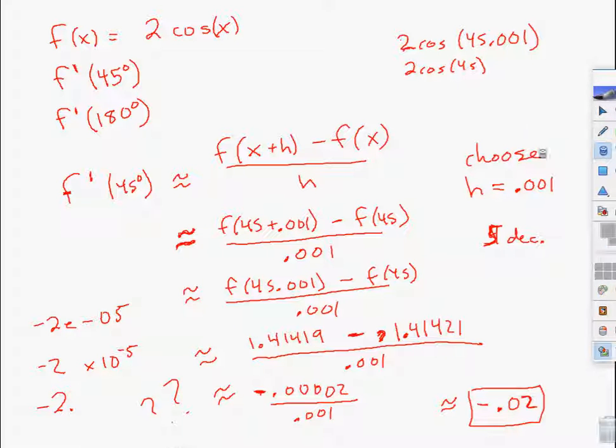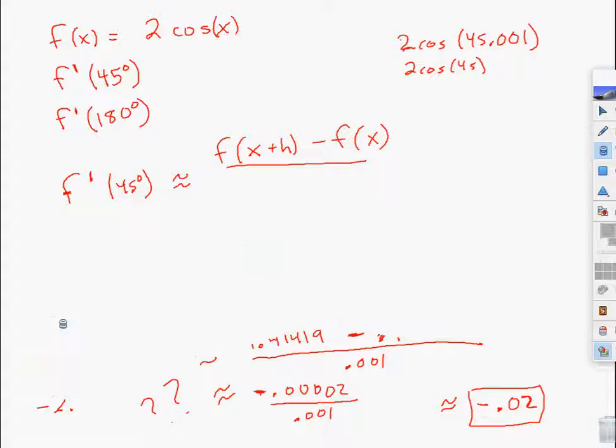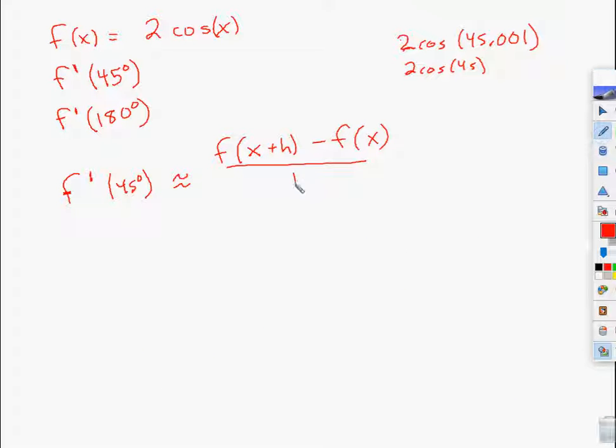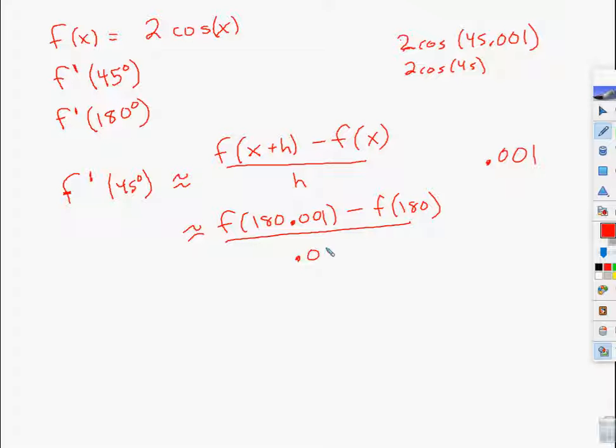Let's do the 180. Same idea. So we'll choose h as 0.001. All right, so we're going to do f of 180.001 minus f of 180 all over 0.001. All right, so we are going to do 2 cosine of 180.001.